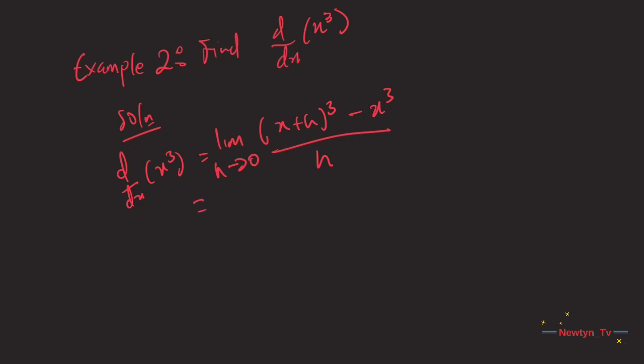Then we go ahead and simplify what is in the bracket: the limit as h approaches 0 of x cubed plus 3x squared h plus 3x h squared plus h cubed minus x cubed, over h.